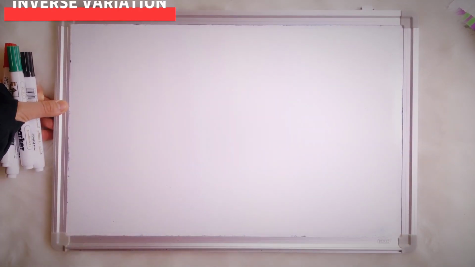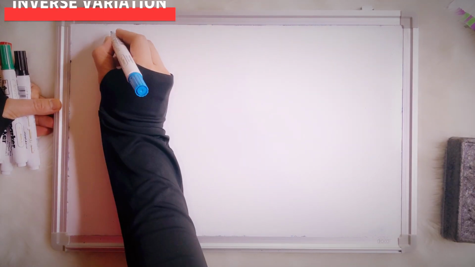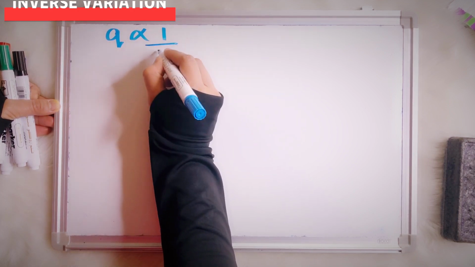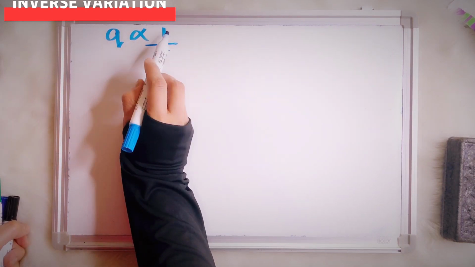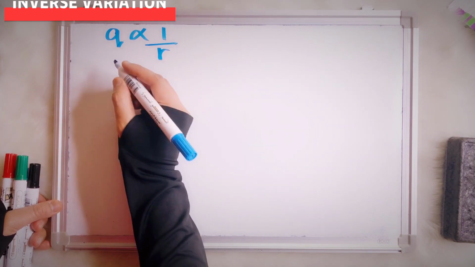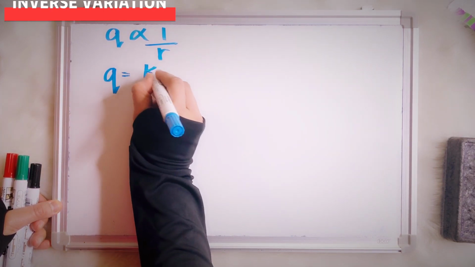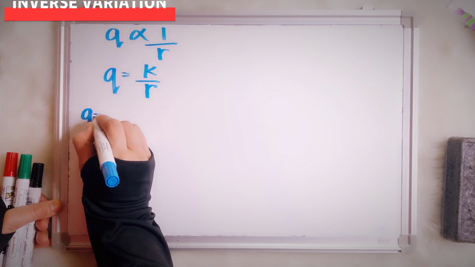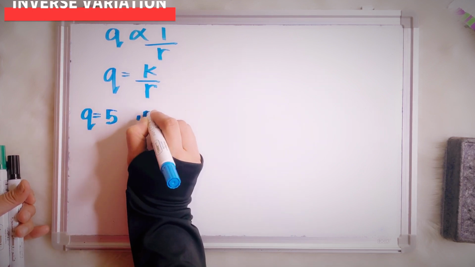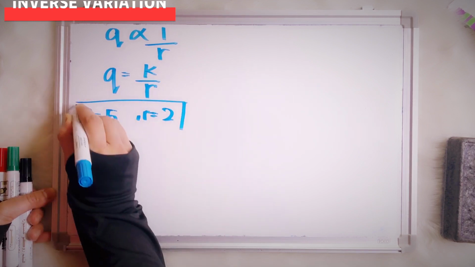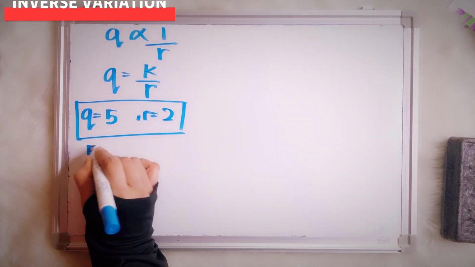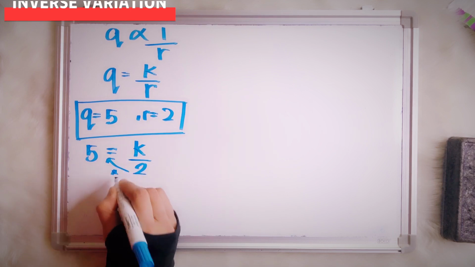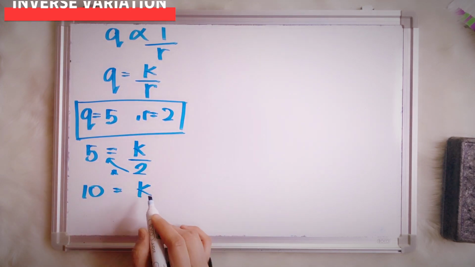Okay, next one. Q varies inversely as R. So now Q equals K over R. Now you have the value for Q: when your Q equals 5 and your R equals 2, you have to find the value for K. So 5 equals K over 2. 5 times 2 is 10, so your K equals 10.